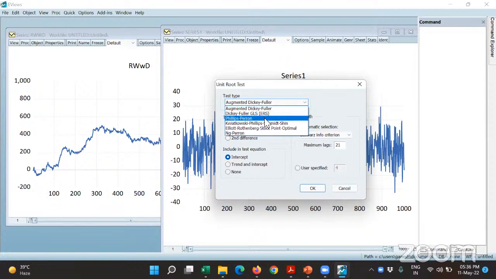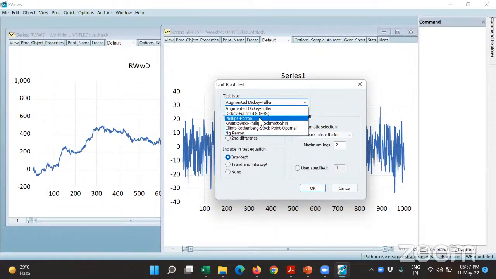So I can go for the Phillips-Perron, or I can go for the augmented Dickey-Fuller, for testing my unit root. Let's go for the Phillips-Perron. But the data set which I have is a simulated data set, so it will not have a problem of autocorrelation, and it will not have a problem of heteroskedasticity as well.